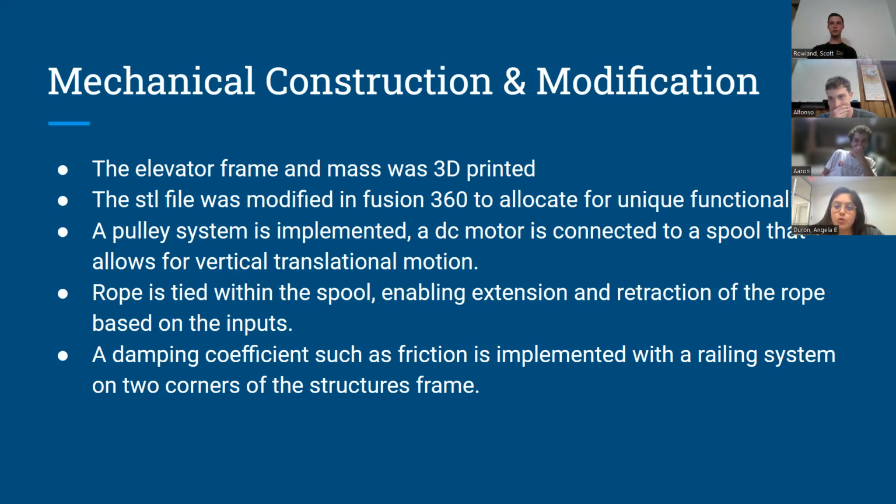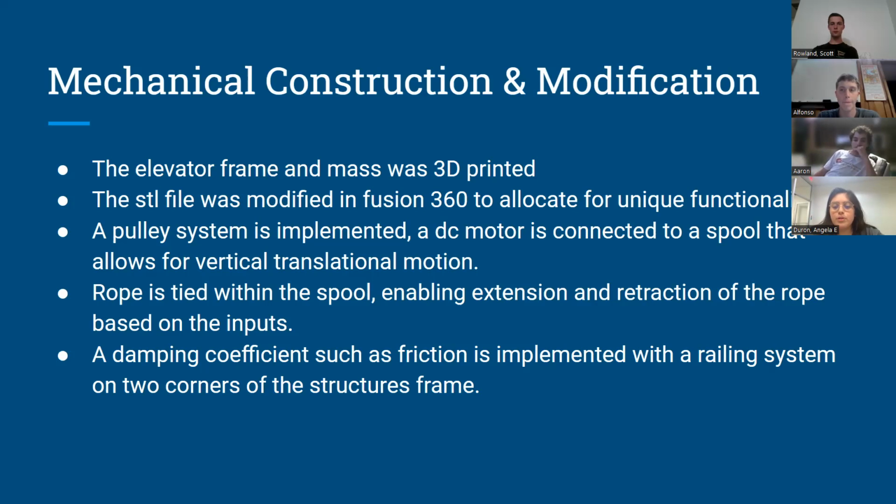So there will be a rotational motion that the DC motor will implement based on the inputs, counterclockwise or clockwise, depending on the input, of course, which then will either extend or retract the rope and the mass being pulled. So it does that translational motion within that vertical axis.